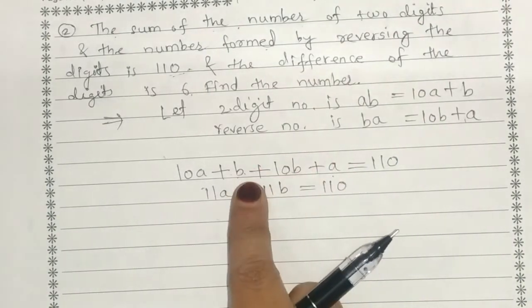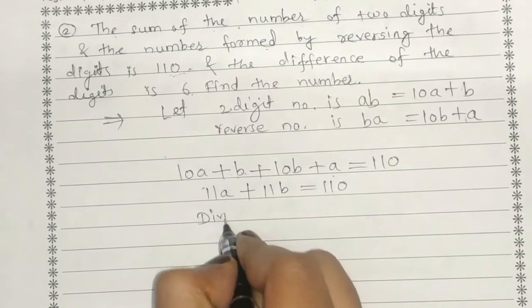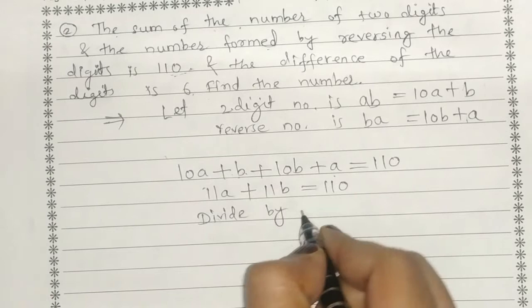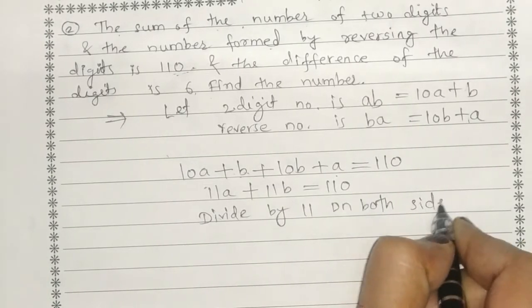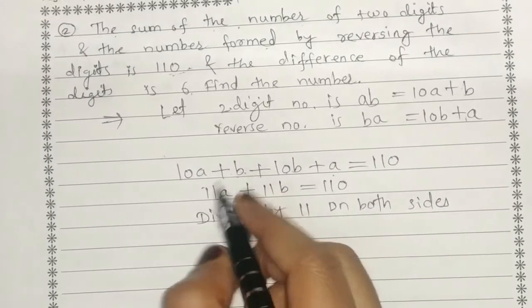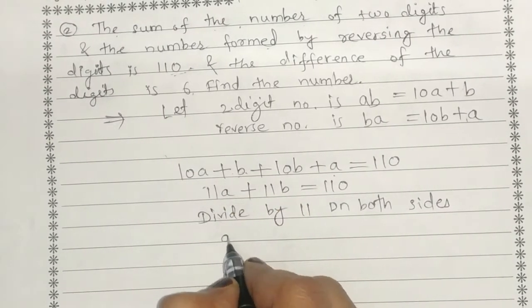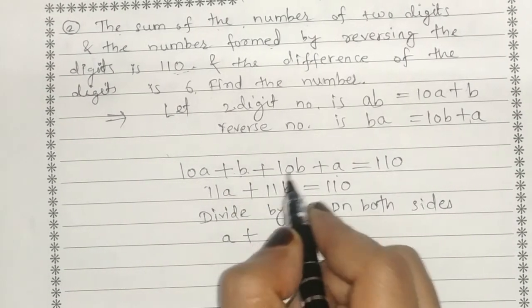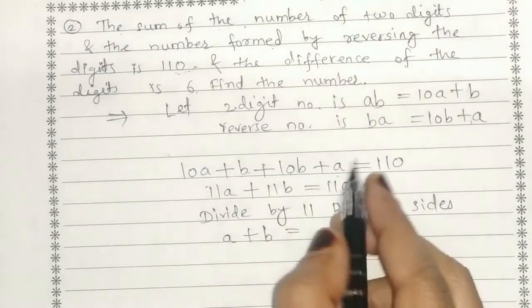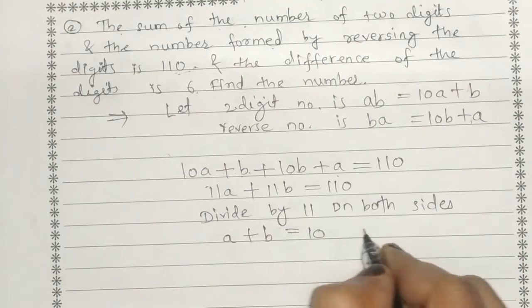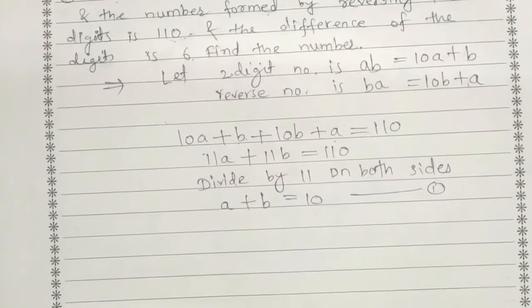Now on both LHS and RHS we'll divide by 11 in order to simplify it. This part we'll do in mind: 11 by 11 will get us simply A, 11 by 11 will get B, and 110 by 11 is 10. So A plus B is equal to 10. This is equation number 1.